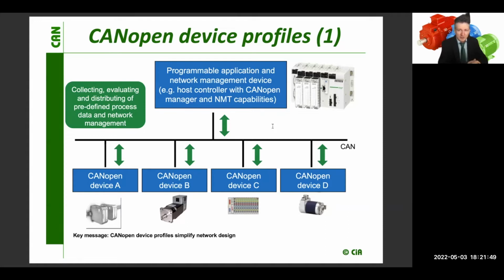On the top of this is a PLC having CANopen manager and network management capabilities. It is a distributed system. It allows us to perform the task for the PLC, the general task of network management.